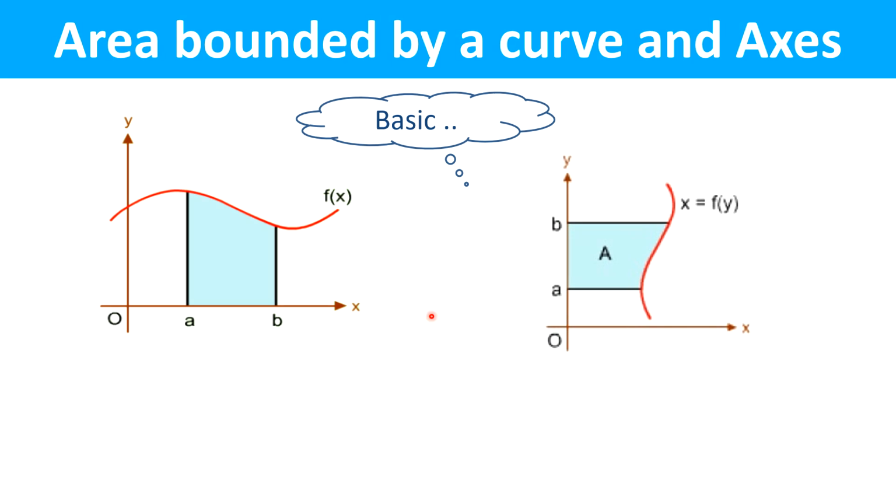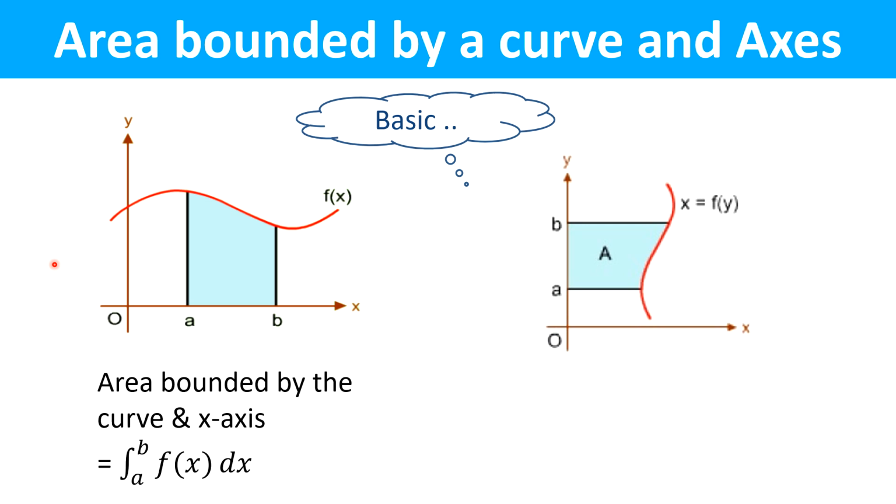Let us start with the basics. The diagram on the left gives us the area bounded by the curve and the x-axis, and this gives us the definite integral of function f(x) from a to b. Do take note that because it is the x-axis, we will have to integrate the function with respect to x.